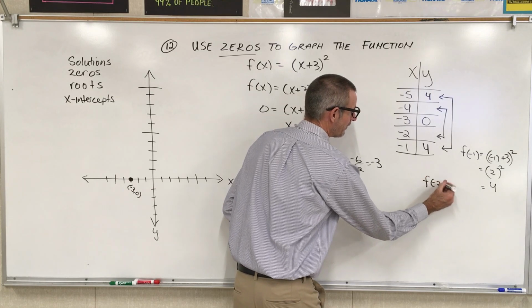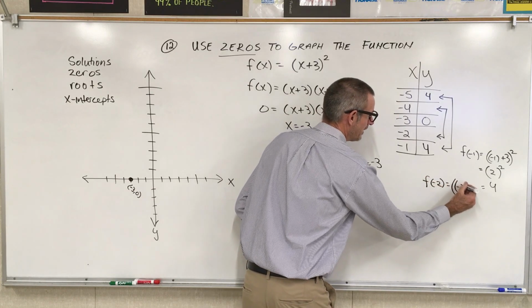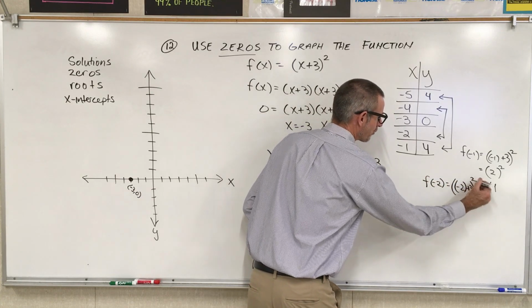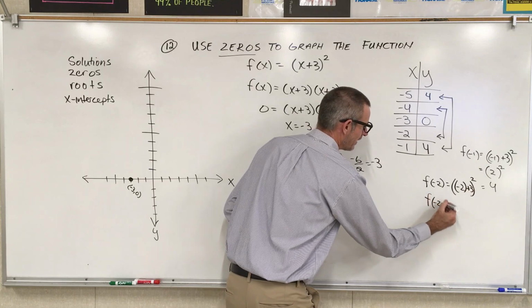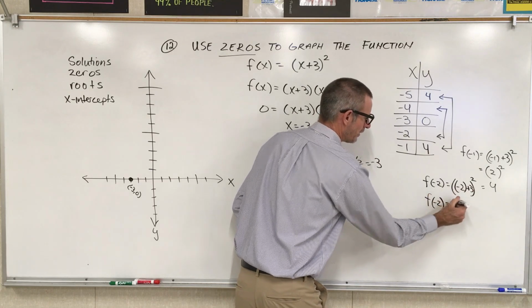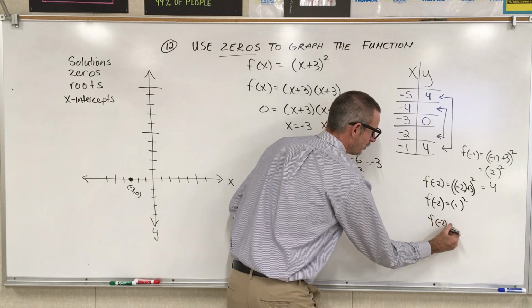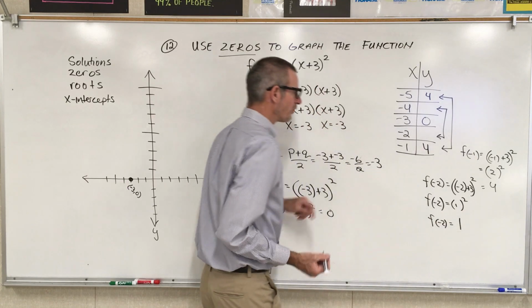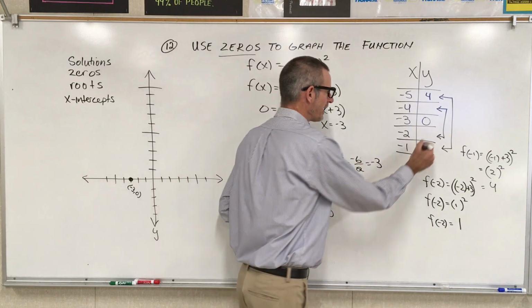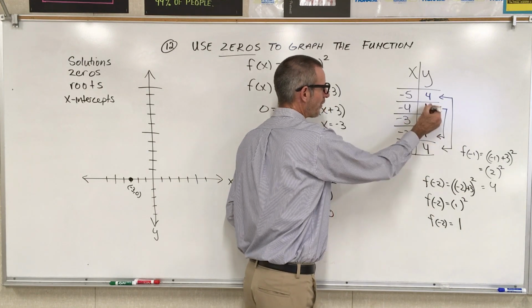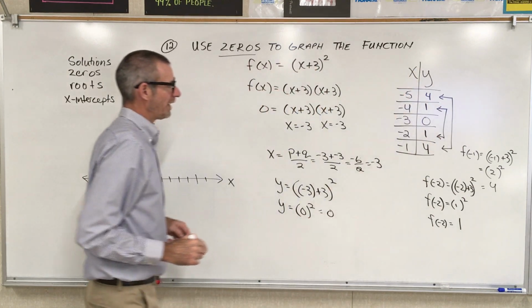So f of -2 equals -2 plus 3 squared. So f of -2 is -2 plus 3 is 1 squared. So f of -2 is 1. So when I put -2 in, I get 1 out. And so if I put -4 in, I will also get 1 out.